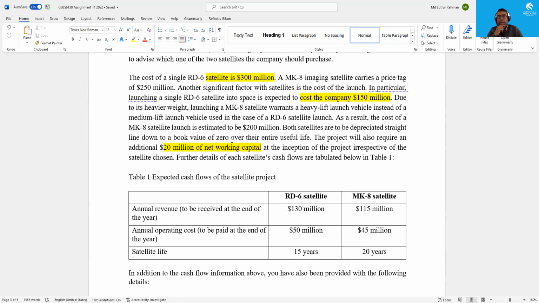That's why depreciation should be charged not only on the cost of the satellite, which is 300 million, it should be charged on the entire value, 300 plus 150 million, because the launching cost is also a one-time cost, but it will generate revenue over the life of the project. That's why the cost of this project also should be spread as depreciation over the life. And net working capital should be a cash outflow at the inception of the project.